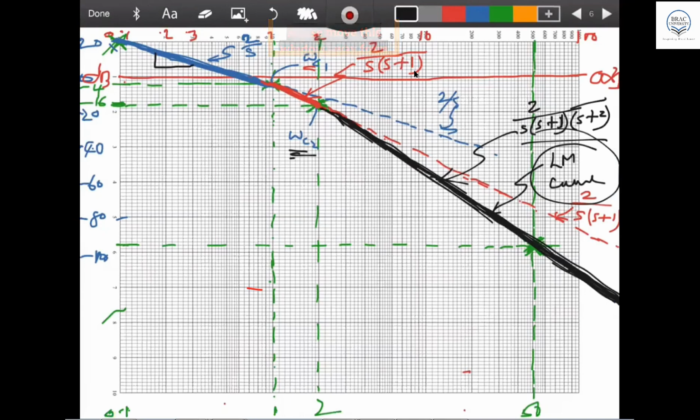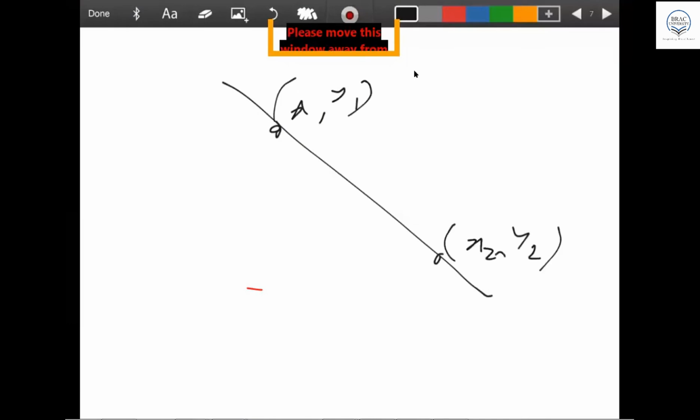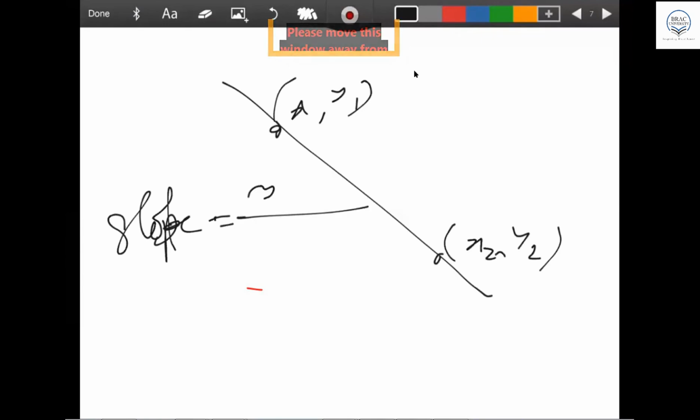If you know the 2 points, then you can find delta y by delta x, the difference between these 2 points. Like one point is x1 y1, another point is x2 y2. I think you are very much familiar with this. You have studied in A level HSC that the slope is y2 minus y1 divided by x2 minus x1. Remember?